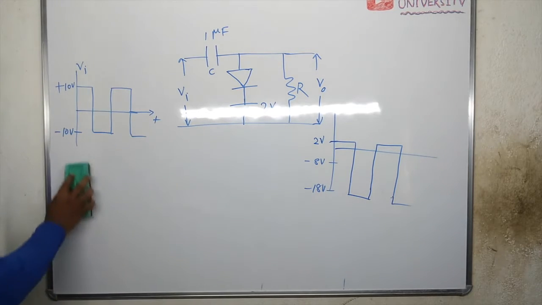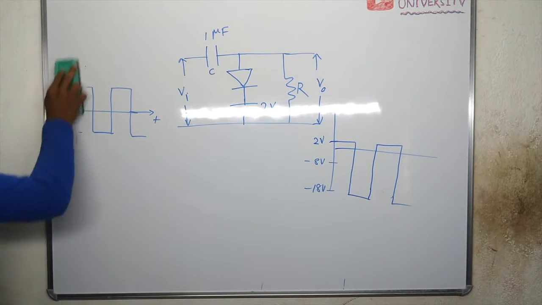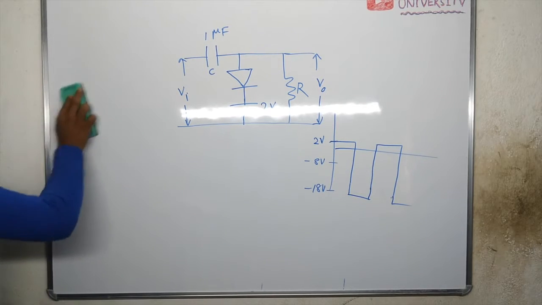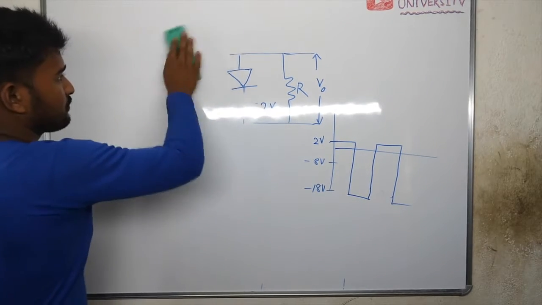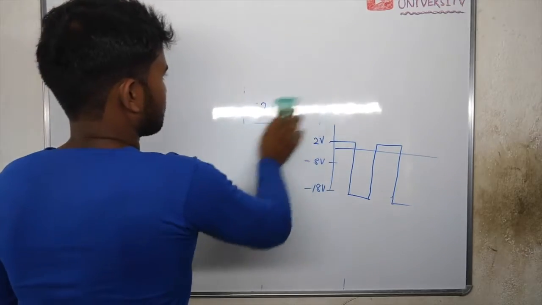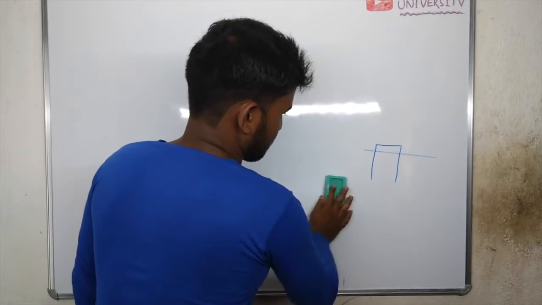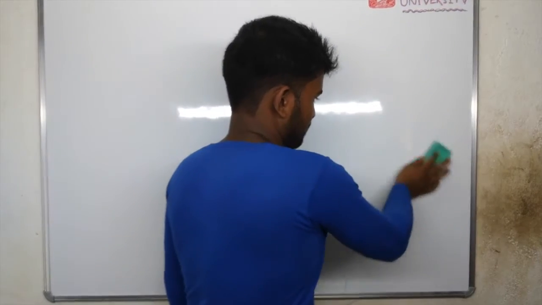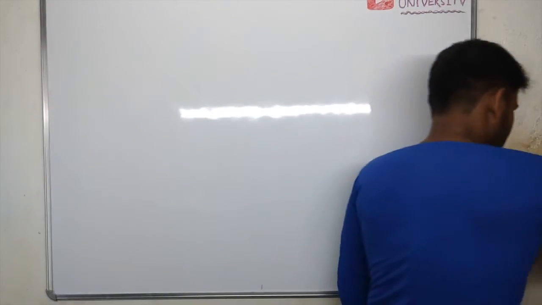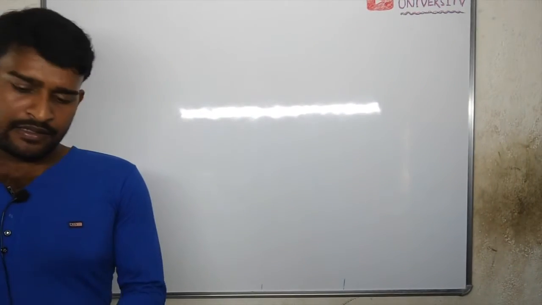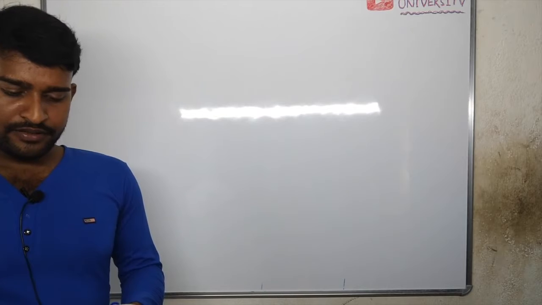Then move to the 18th question. The 18th question is given: find V naught in the circuit.